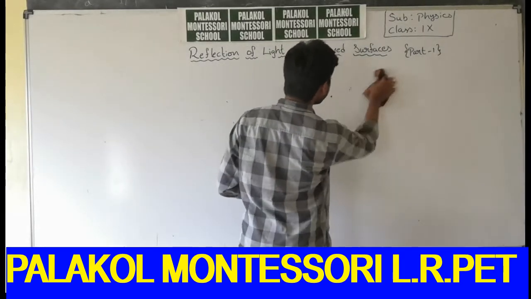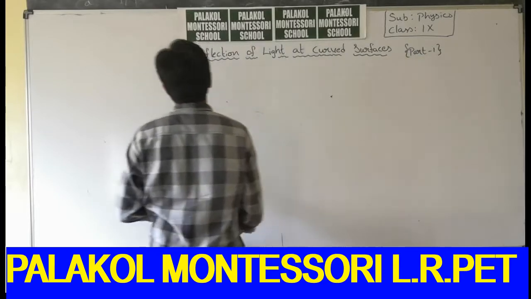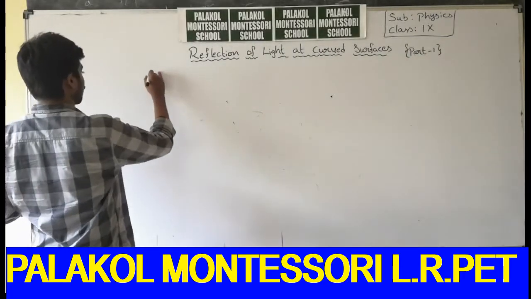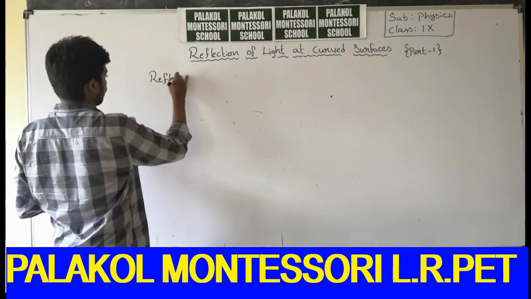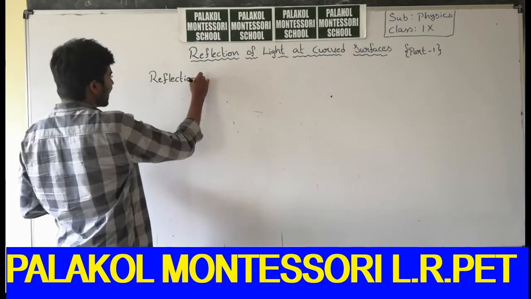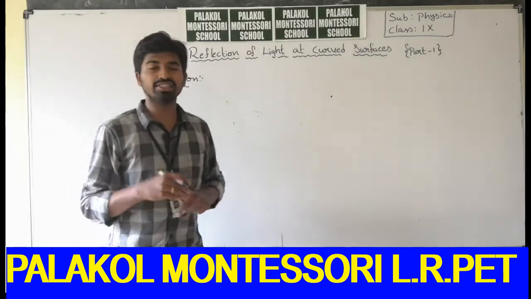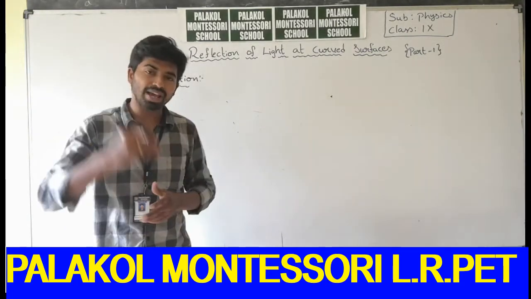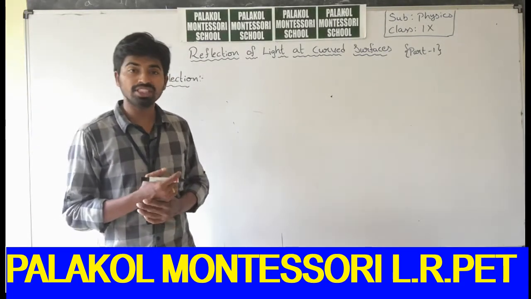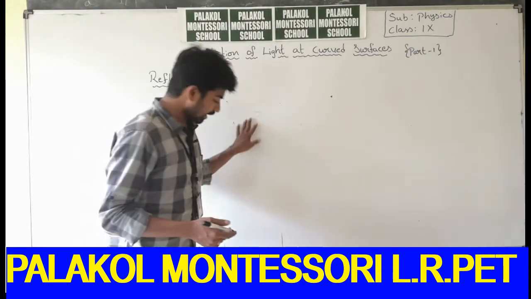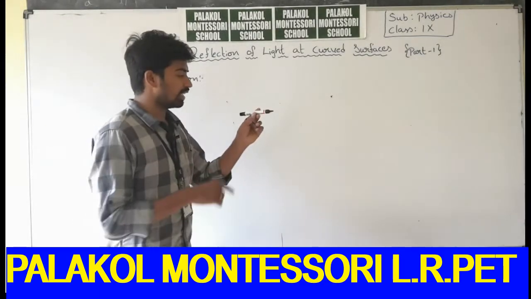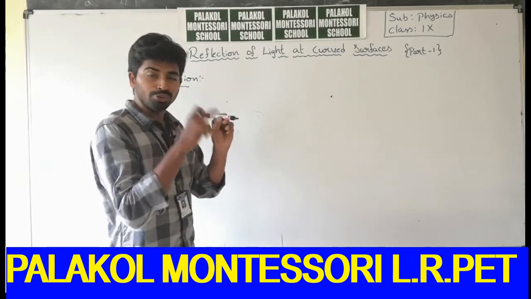Now, what is meant by reflection? When a light ray is incident on an object, it bounces back into the same medium. For example, here I am able to view this object.